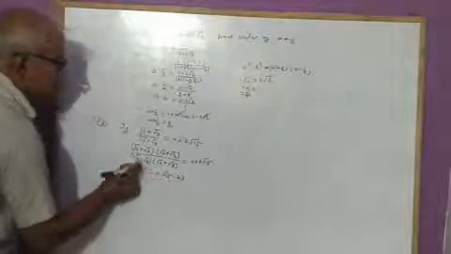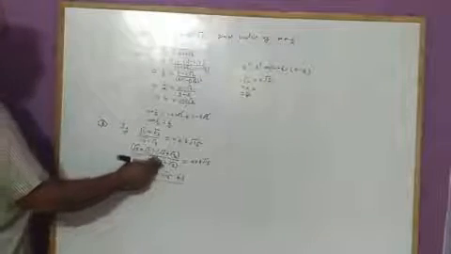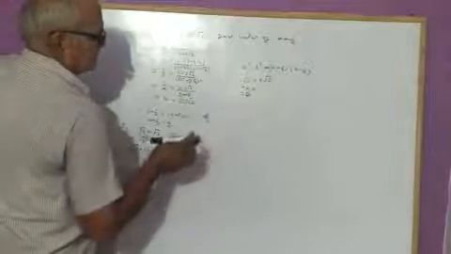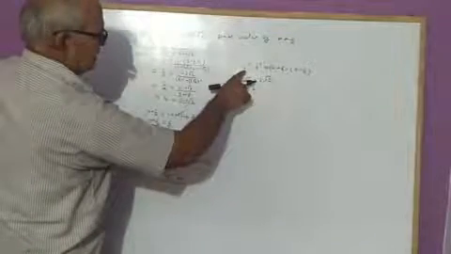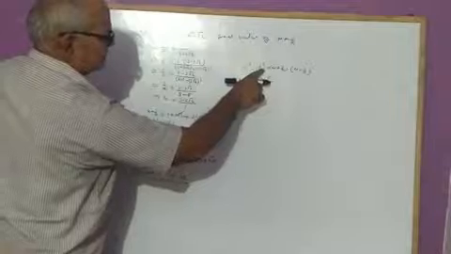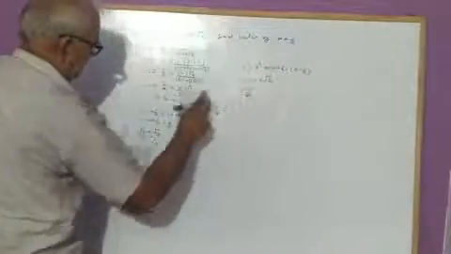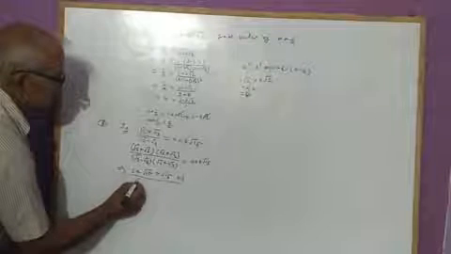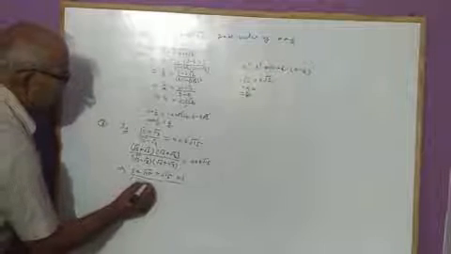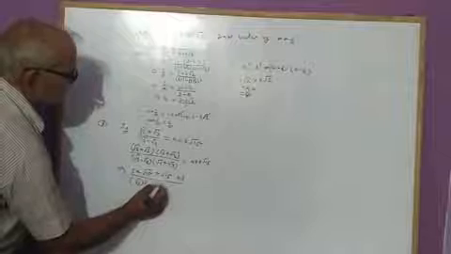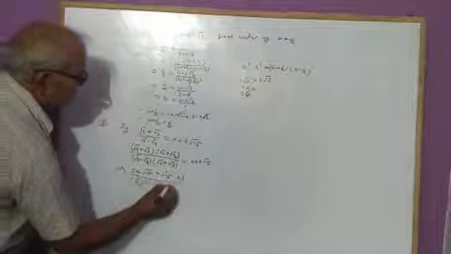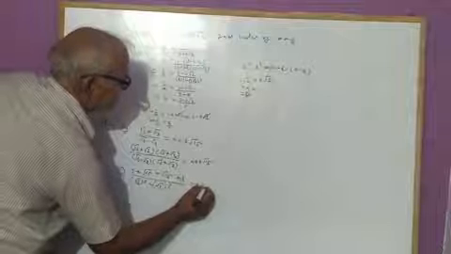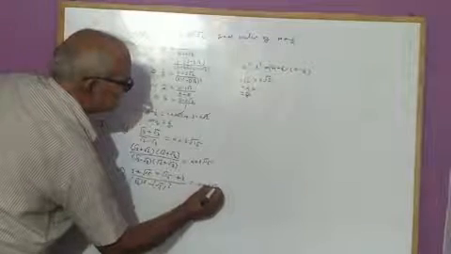The denominator is of the form a plus b, a minus b, so use the same formula: a square minus b square. The value of a is root 5, so root 5 square minus root 3 square.